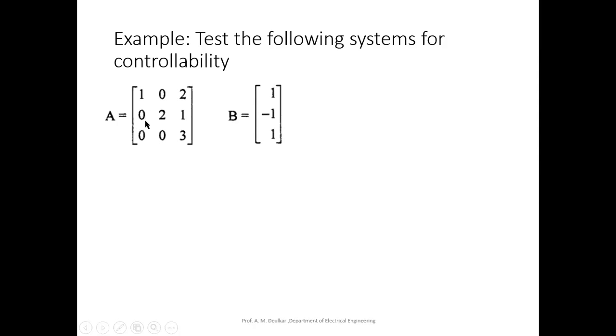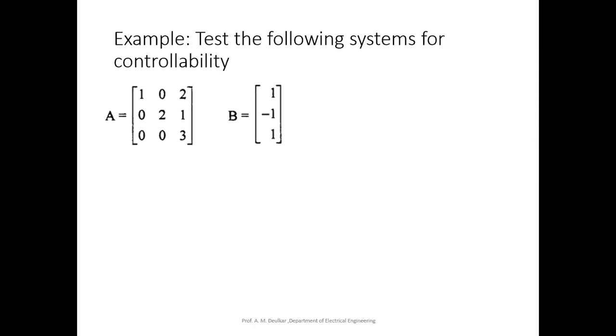Consider the system matrix A given as this, and the matrix B given as this. Matrix A contains the elements 1, 0, 2, 0, 2, 1, 0, 0, 3, and the matrix B is 1, -1, 1. Now to use Gilbert's test, we first need to calculate the modal matrix.